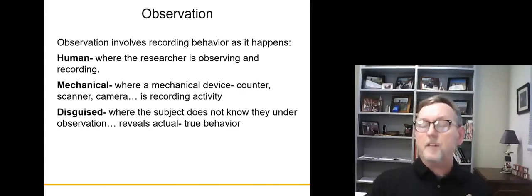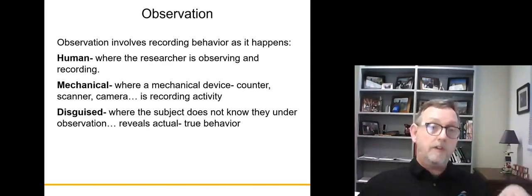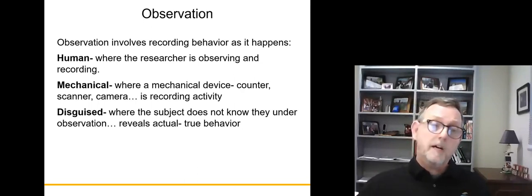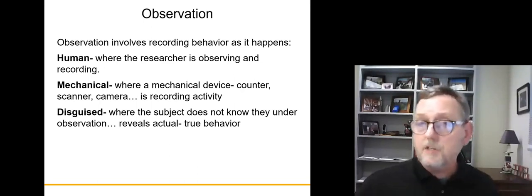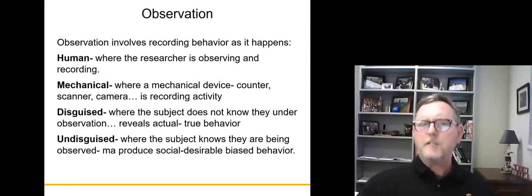We don't want to do any of that. But there are certain behaviors where if we have a video camera and the person doesn't know their actions are being recorded, especially in a public place, they behave the way they would because they don't know they're being observed, and then we can record it.